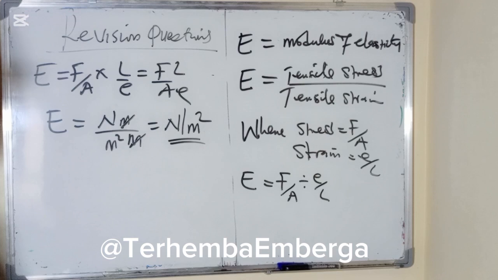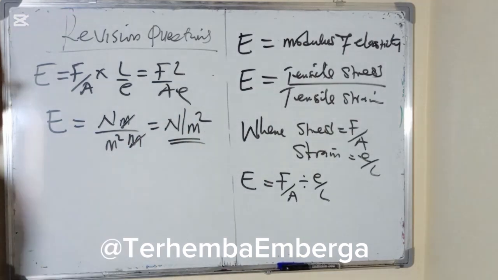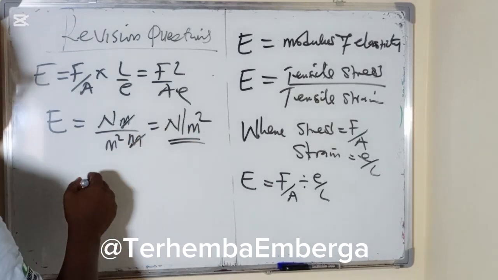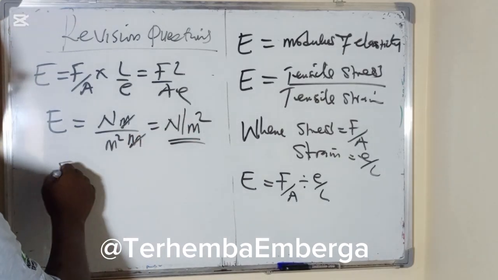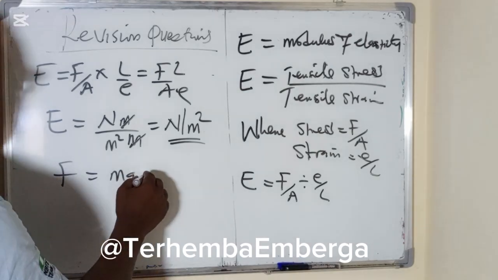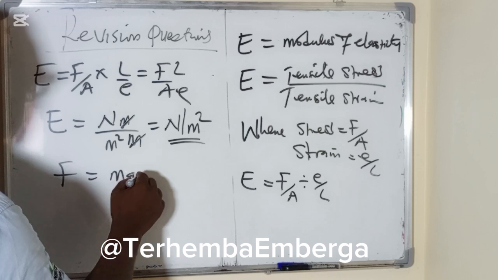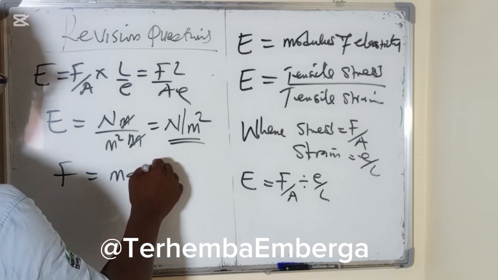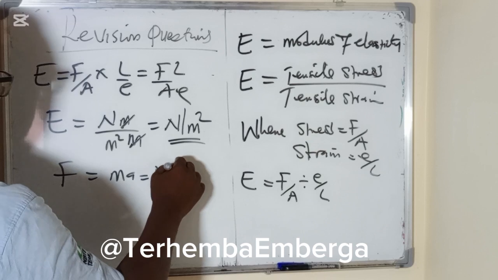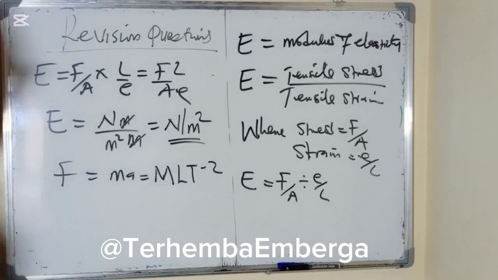So what is the dimension? We know that with this we can get the dimension. N is the force, and we know that force is mass times acceleration, which the dimension will be given as m, L t raised to power minus 2.